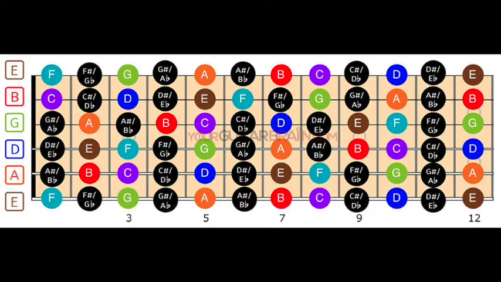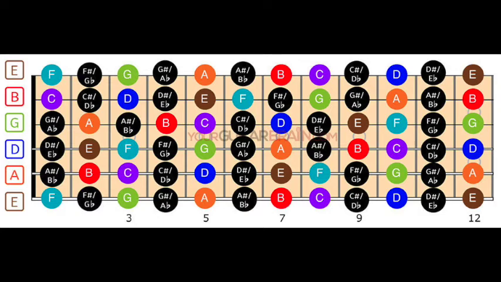If you're using the tone method, a whole tone up from C is a D. A whole tone up from D is an E. A half step or a semitone from E is the fret right next to it, which is F.